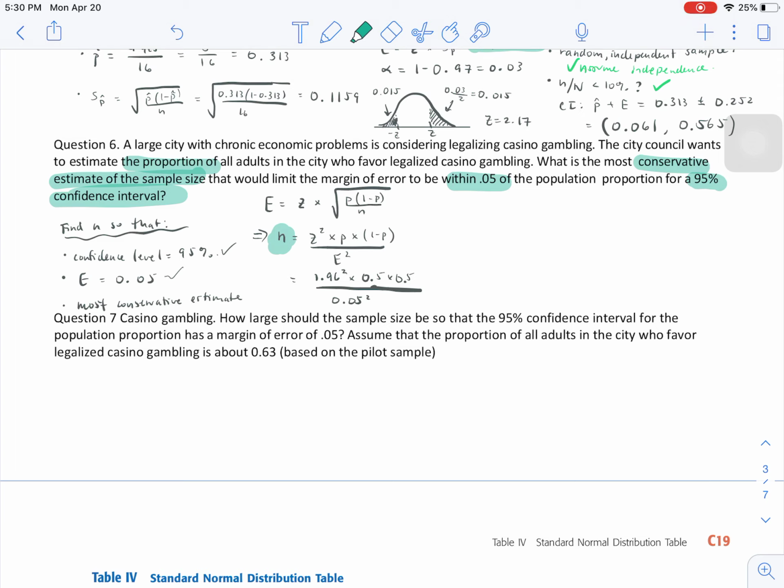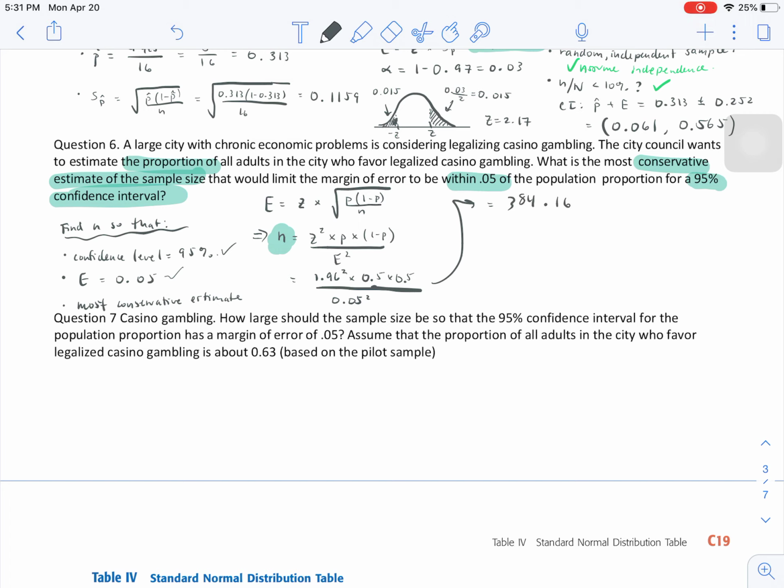So we weren't given a proportion here. So I picked the proportion that would yield me the most conservative sample size, the one that would give me the biggest value here, which was 0.5. So now I can plug all this into my calculator. I plug in 1.96 squared times 0.5 squared divided by 0.05 squared, and you should get 384.16.